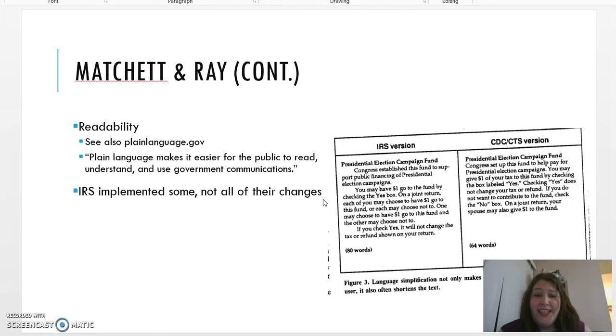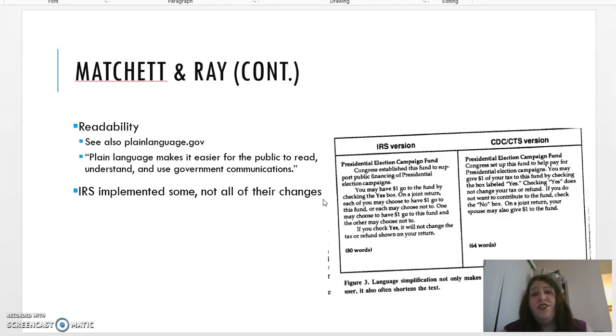Plain language makes it easier for the public to read, understand, and use government communications. So that's really the goal of any government agency who's putting out communications. They need their users to be able to read, understand, complete forms if they have to do that, or at least understand the form to understand what they have to do, what their requirements are. And it's something that can really affect the usability. So that's definitely a good website to check out.